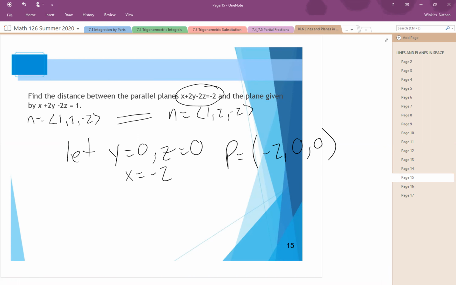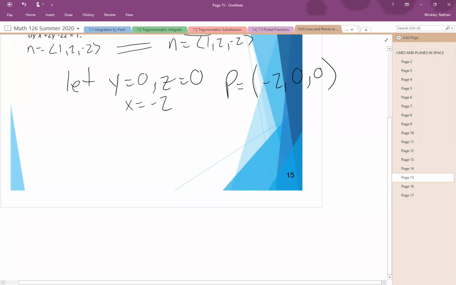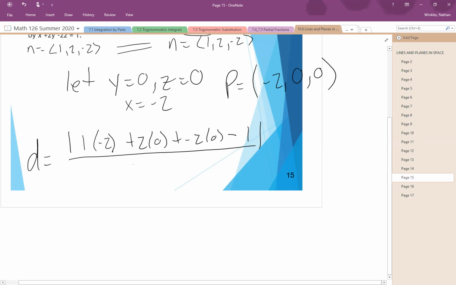Then using the formula for the distance from the point to the plane, that's going to tell us d equals the absolute value of 1 times -2 plus 2 times 0 plus -2 times 0 minus 1, because that's the d from the second plane, divided by the square root of 1 squared plus 2 squared plus -2 squared.